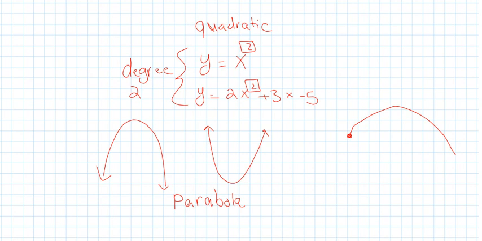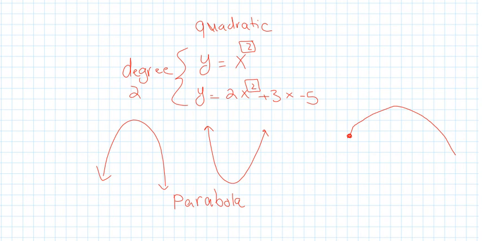How about basketball? You guys watch the game yesterday? Exciting game, right? When you're throwing a basketball, guess what? It's a parabola. So bridges, football, basketball, all of these are examples of parabola shapes.